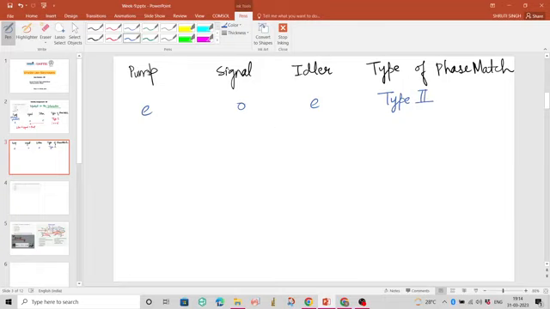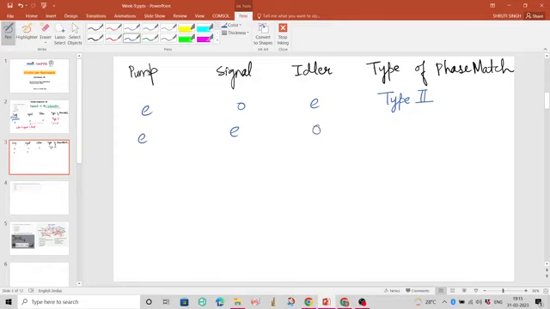Okay, so these two, signal and idler, are perpendicularly polarized, and the pump which gets generated is perpendicular to signal, or we can say it is parallel to the idler E. The other case can be, there can be many such combinations. So we have three variables, we can have 8 combinations like that.